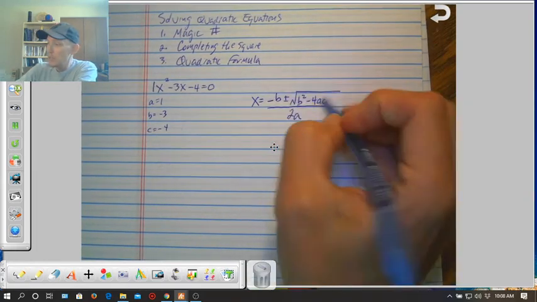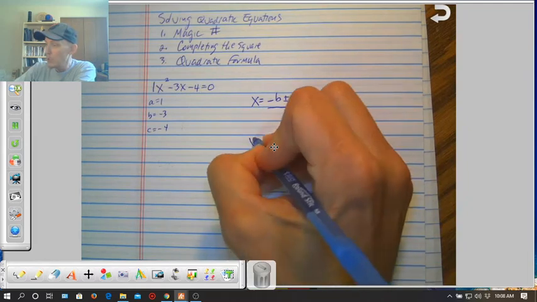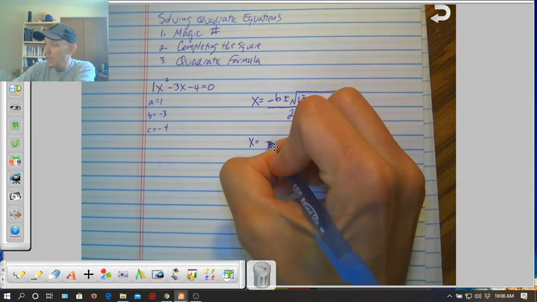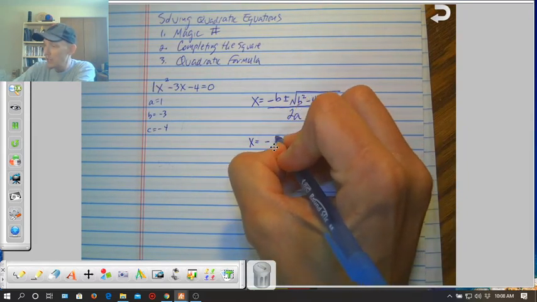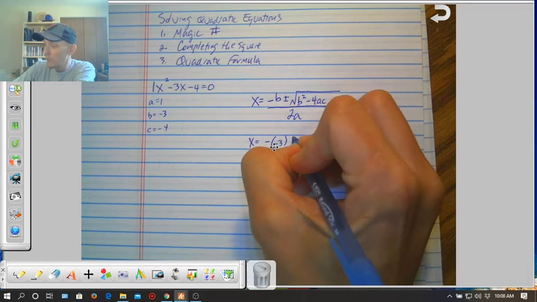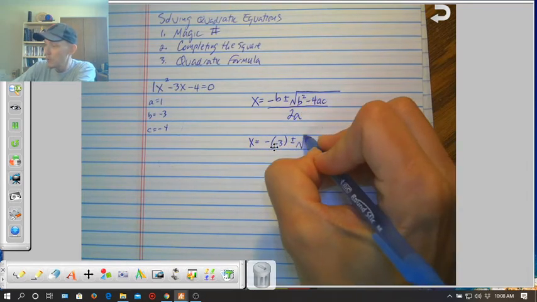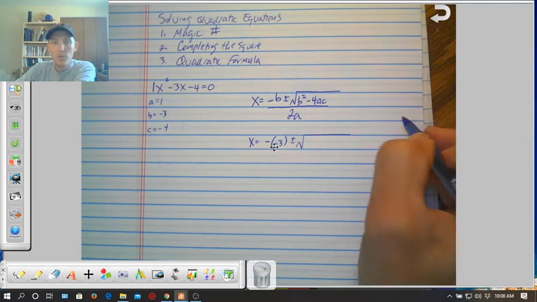So if I plug this in, x will equal negative b, so that's negative 3, plus or minus the square root of b squared.